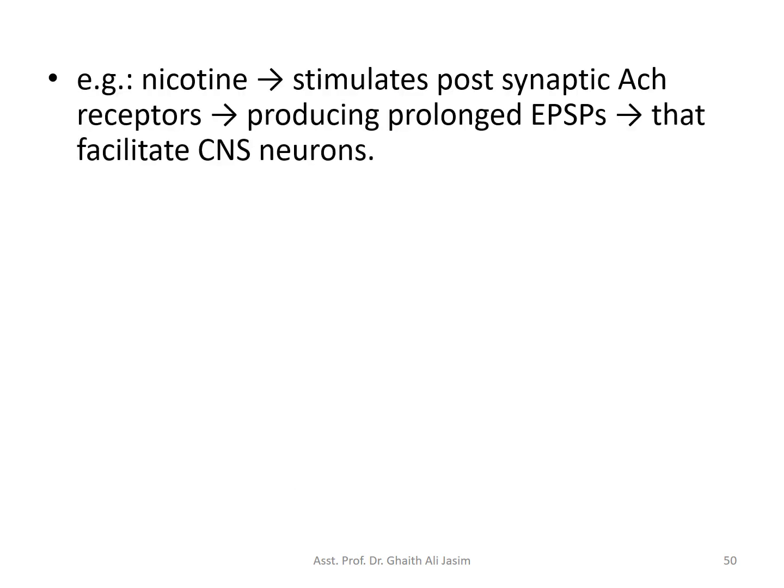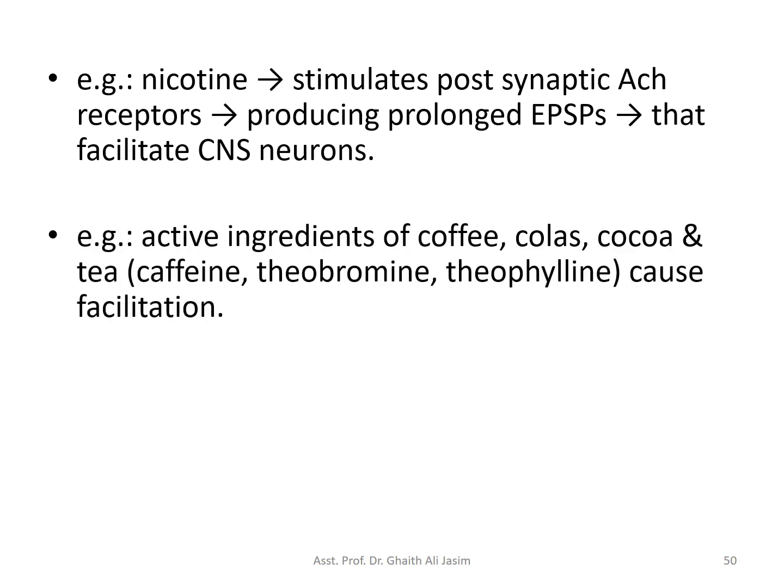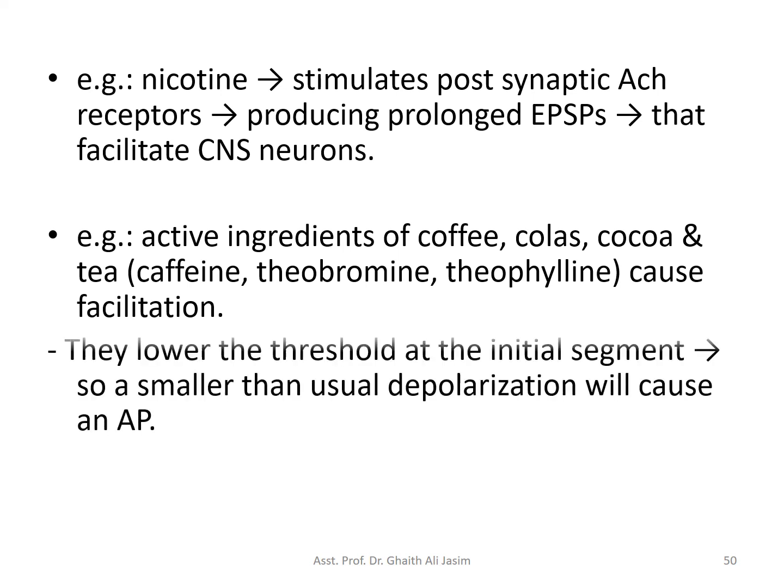An example for facilitation, for example here, nicotine. Nicotine stimulates postsynaptic acetylcholine receptors, producing prolonged excitatory postsynaptic potentials that facilitate CNS neurons. Another example, active ingredients of coffee, colas, cocoa, and tea, which are caffeine, theobromine, and theophylline, cause facilitation also.